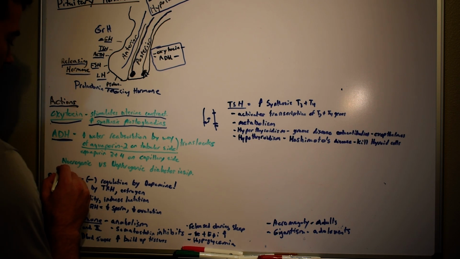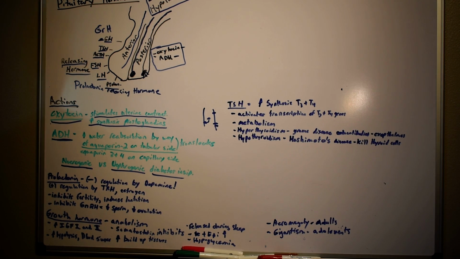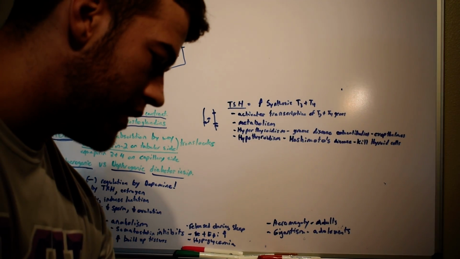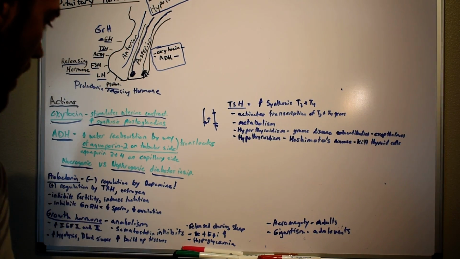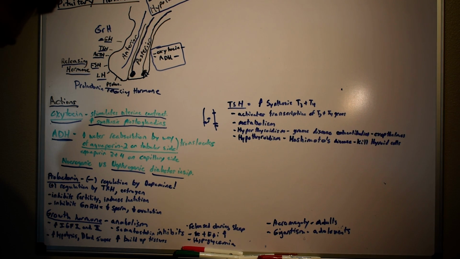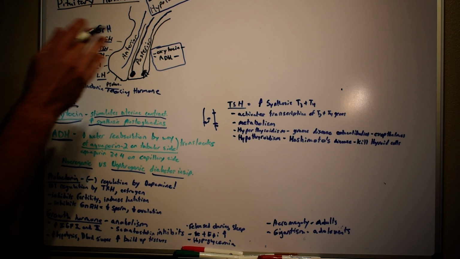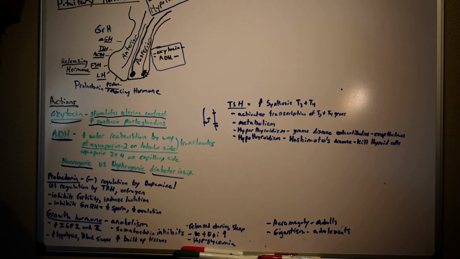So neurogenic is going to be influenced by our hypothalamus, and this is going to be a failure of our hypothalamus to adequately recognize the osmolarity of our plasma.